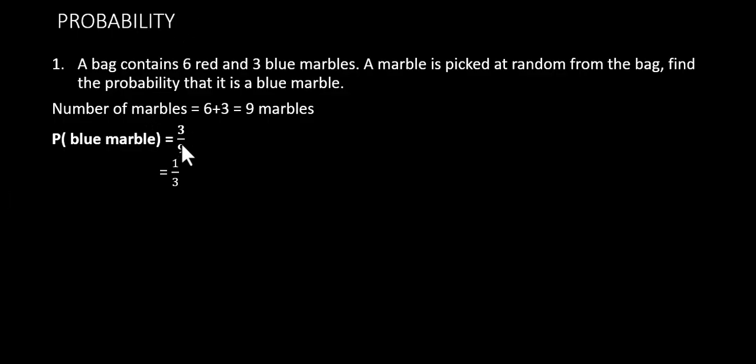Then 3 into 9, it's 3. So this is how we get 1 over 3. We do not write in decimal form since you won't be using a calculator. So this is how you're supposed to answer this question: reduce the number to its lowest form.